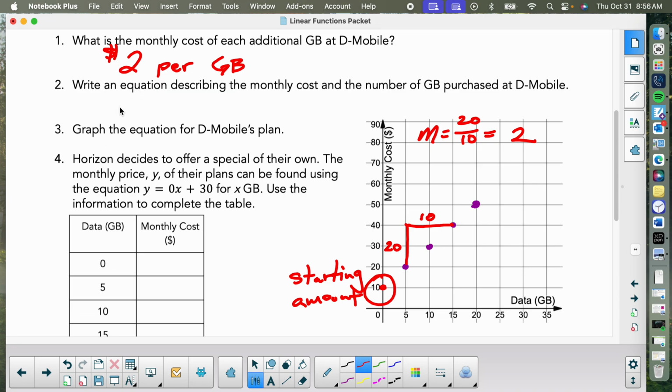I'll start you off by just saying y equals. What's the change amount or the slope? 2. Okay, so we're going to write that number and then x plus 0. Close. Where is the starting amount that is circled on that picture? 10. Perfect. So the y-intercept is the starting amount. You're going to pay $10 even if you don't use your phone.